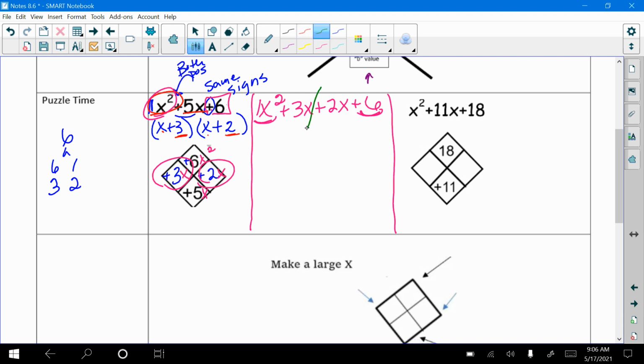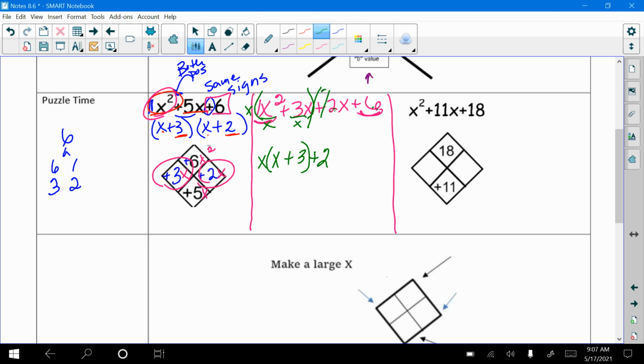Then I would cut it in half and I would say, what is the greatest common factor out of this? The GCF would be an x, so I would divide both of these by an x, and I would have x times x plus 3, bring down a plus, and I can take out a 2.